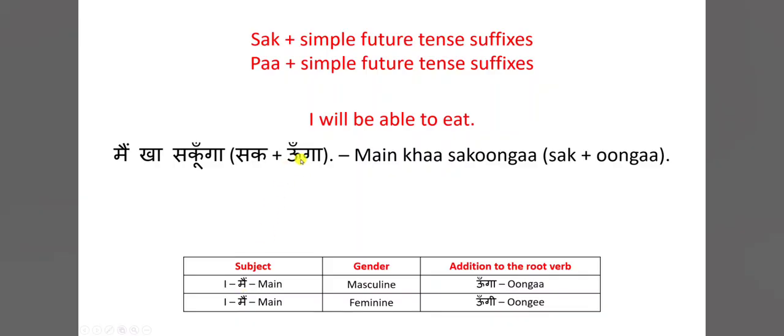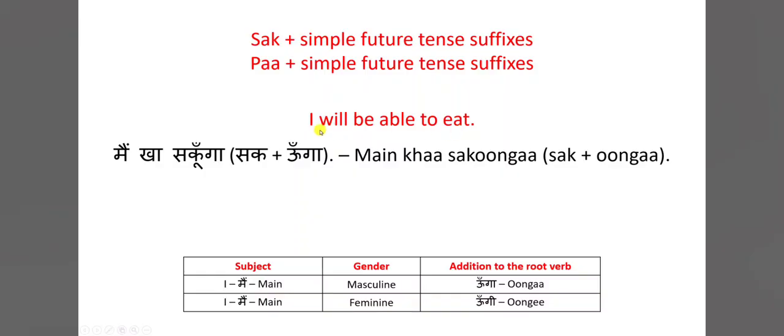Here we have I, मैं, as the subject, and so I selected unga as the suffix to add to sak. Sak plus unga, sakunga. मैं sakunga is I will be able to. मैं खा सकूंगा is I will be able to eat.